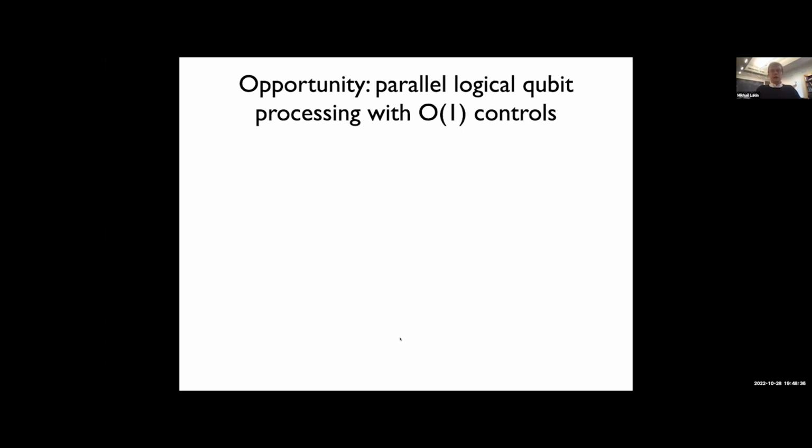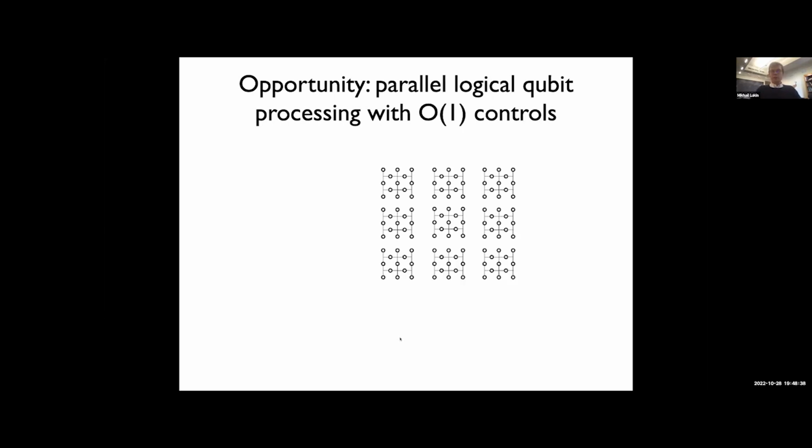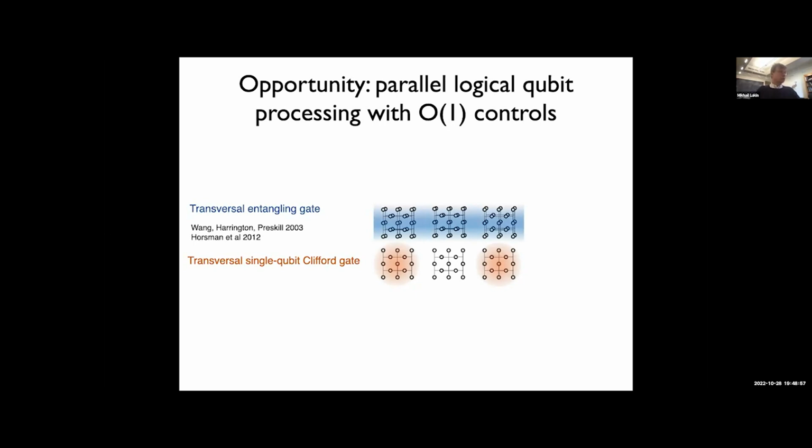And the key idea in our case is a very high degree of parallelism. For example, if we have quantum information encoded in blocks, we can certainly do single qubit Clifford gates with a high degree of parallelism, but also do a two qubit logic operation just by bringing these code blocks together and doing gates in parallel.